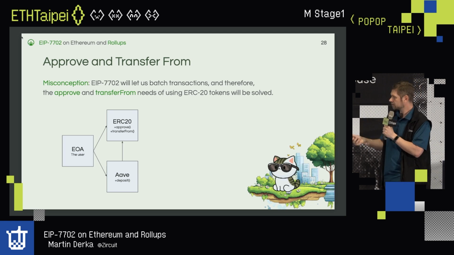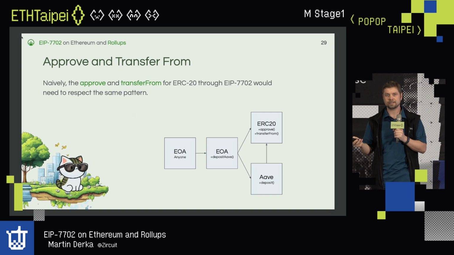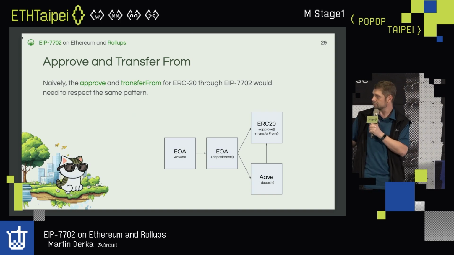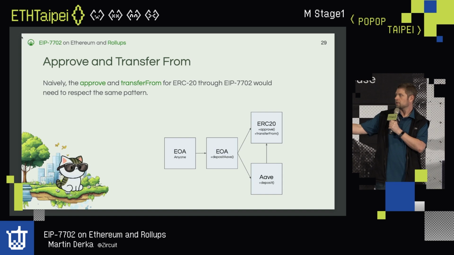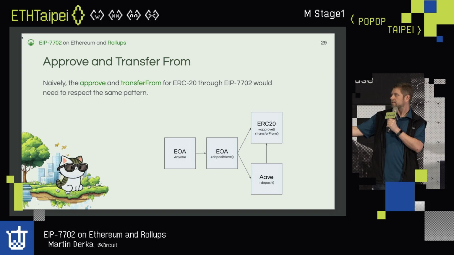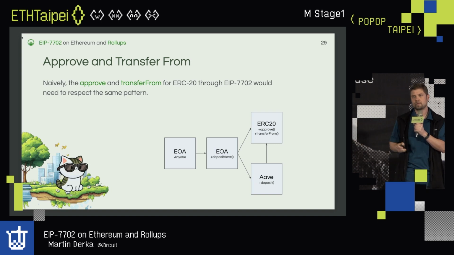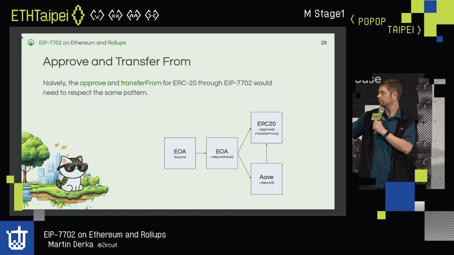So if you wanted to simplify life through EIP-7702, you would arrive at a situation that looks somewhat like this. Your account would become delegated to some smart contract. And you would want this smart contract to have some function that allows you to deposit into Aave atomically, or in a transactional way.